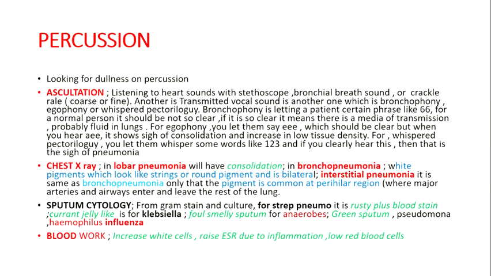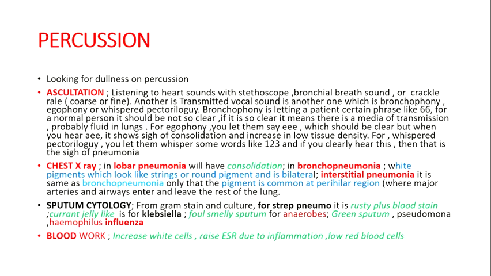For interstitial pneumonia, it's the same as bronchopneumonia, but remember, the shadows will be common in the perihilar region. The perihilar region is where arteries and airways enter and leave the lungs.